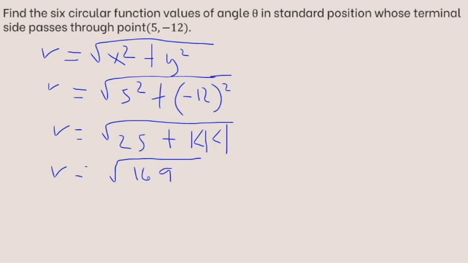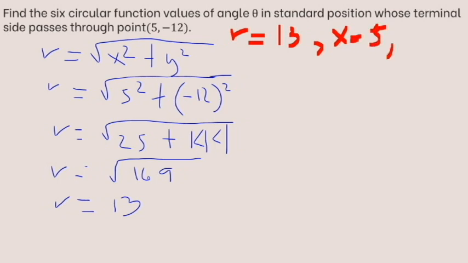Remember that 169 is a perfect square, so the square root of 169 is 13. Our r is equal to 13, our x is equal to 5, and our y is equal to negative 12.